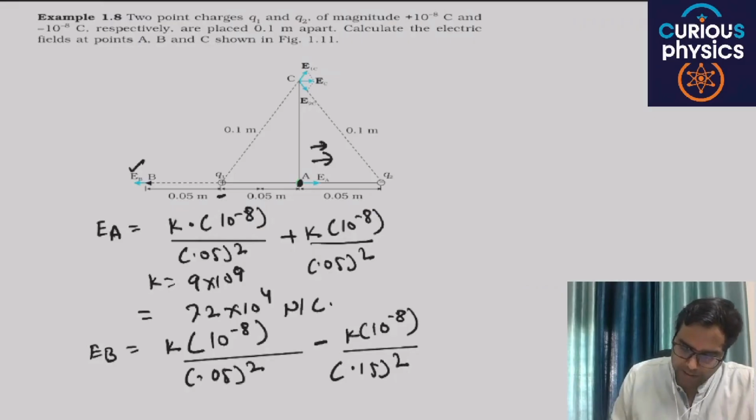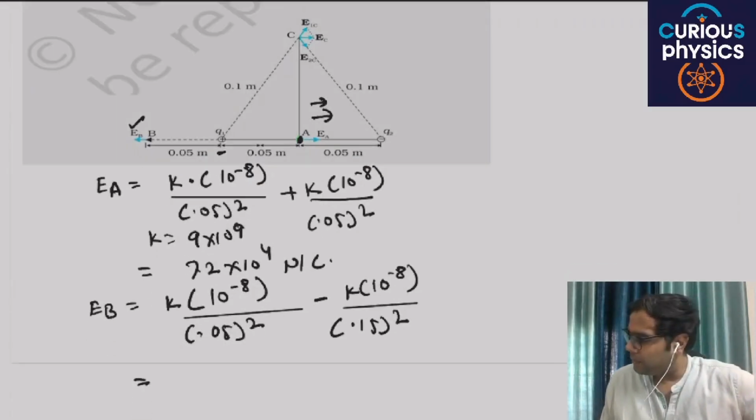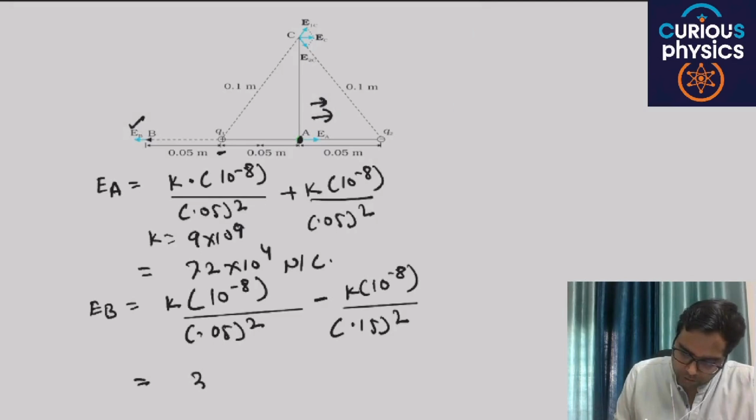After solving you get 3.2 into 10 raised to power 4 Newton per Coulomb.